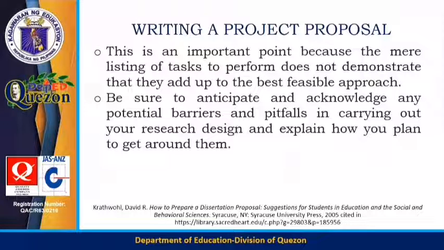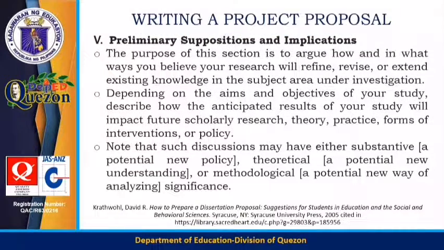The fifth part of a research proposal or project proposal is the preliminary suppositions and implications. The purpose of this section is to argue how and in what ways you believe your research will refine, revise, or extend existing knowledge in the subject area under investigation.